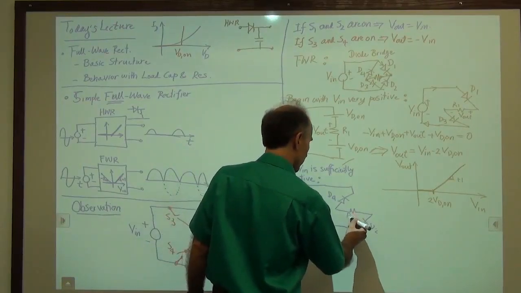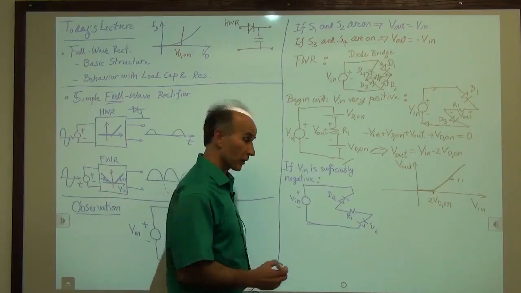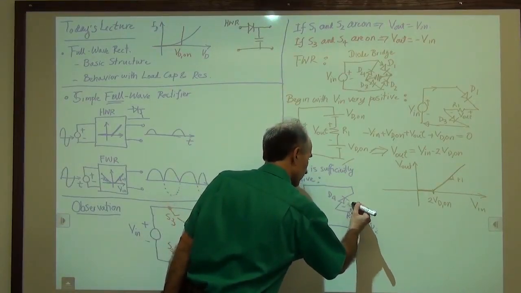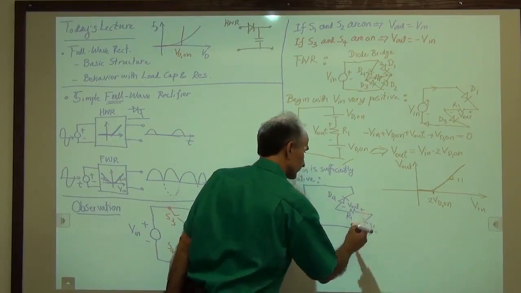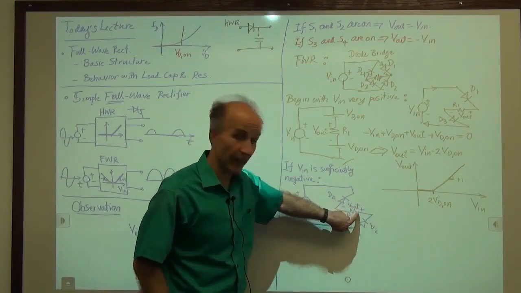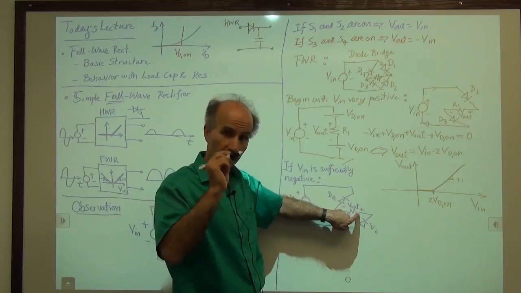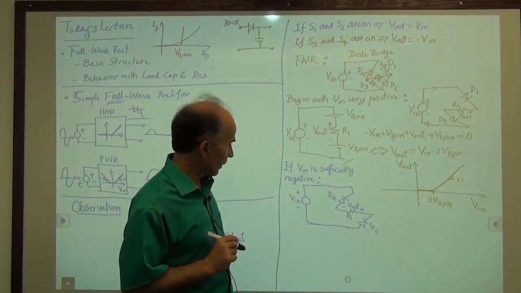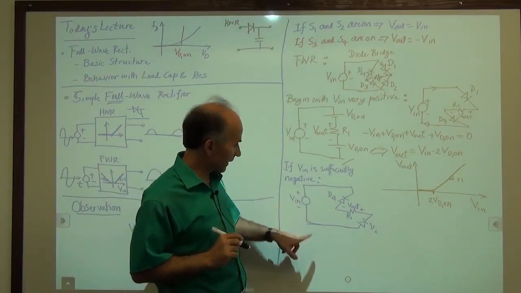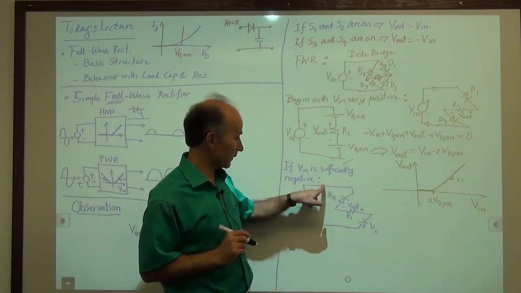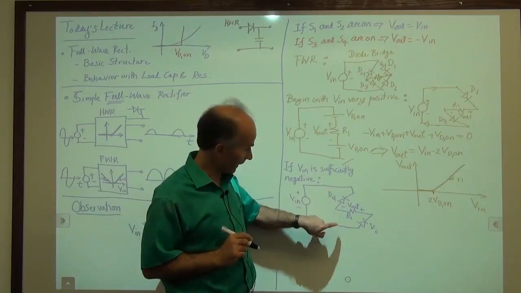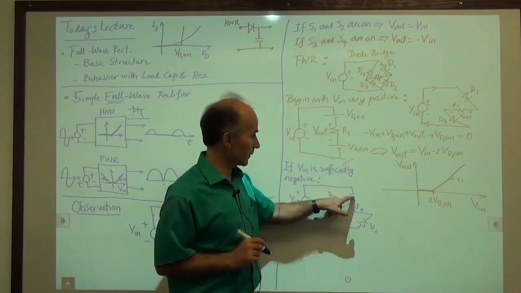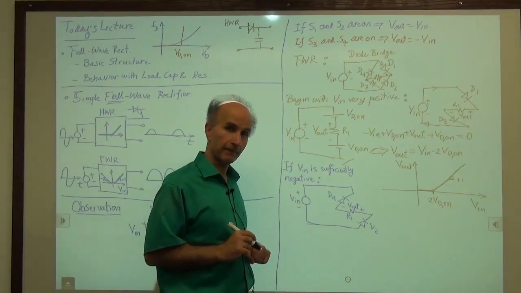R1 is here, and remember, the output voltage is measured like so, plus here, minus here, V out. Right, we marked this point as plus, so we have to keep that. We have to stick with that throughout. Okay, so the point is that because V in is negative, it means that this is positive with respect to this. And that's why this diode turns on, it pushes current this way, and the current flows this way, and the current goes that way.